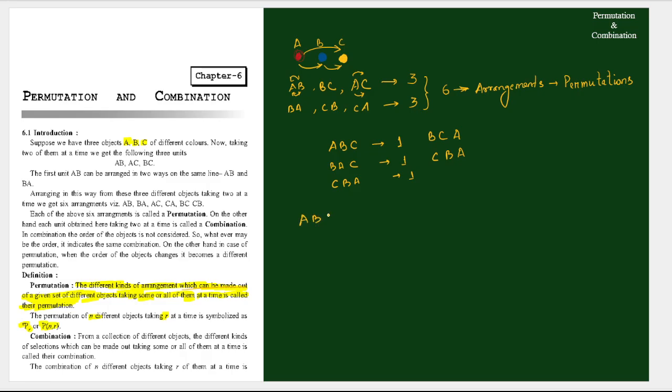We can do like this, A, B, C, then B, A, C, C, A, B. Instead of B, A, C, we can write B, C, A. So A, C, B, and C, B, A. Six arrangements we can get.